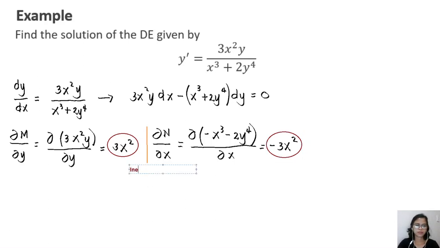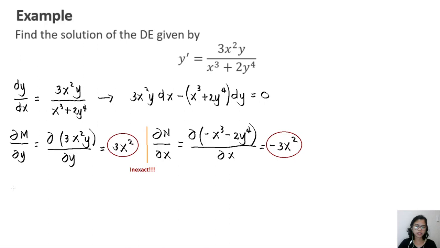Okay, so now let's proceed with solving for the integrating factor v. But like I told you, we will just proceed with case 2 to minimize the time for our video. And then here we go. What to do for case 2?